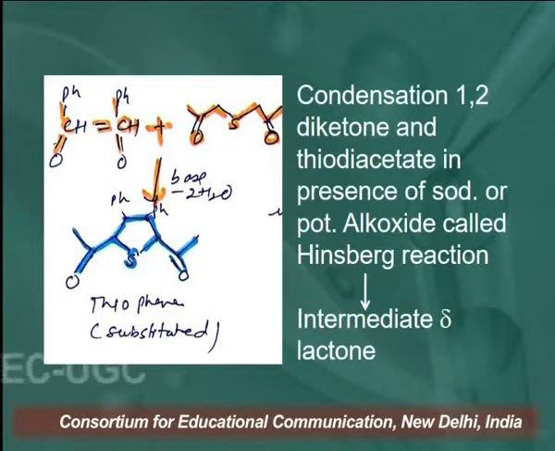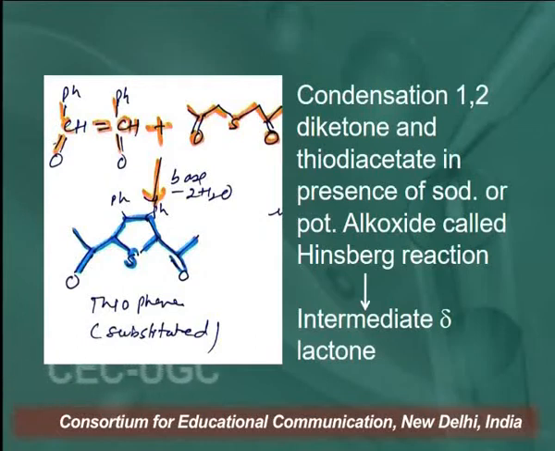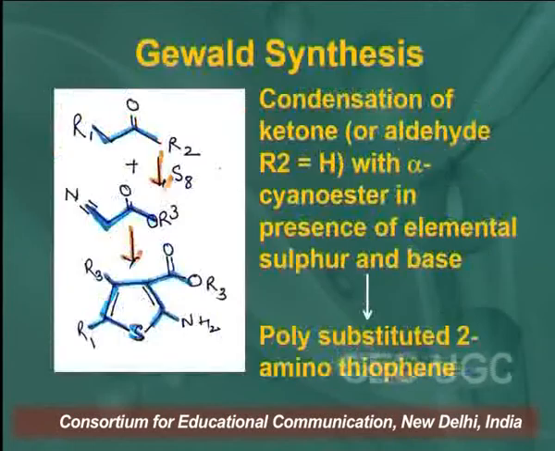So, just remember what the Hinsberg method is. The Hinsberg method is a condensation reaction. The reaction takes place with 1,2 diketones and thiodiacetate in presence of sodium or potassium alkoxide, and the intermediate formed is a lactone. So, this is the Hinsberg method.